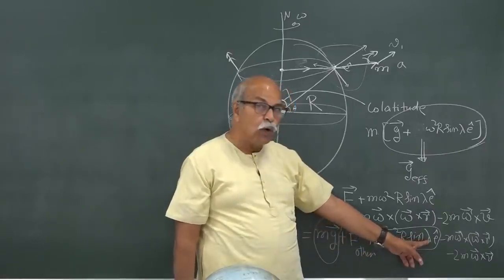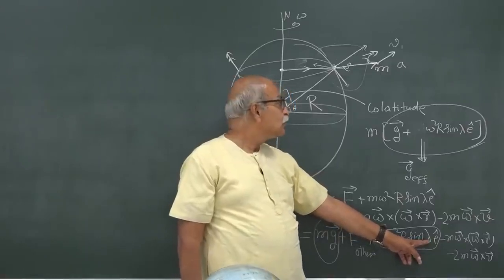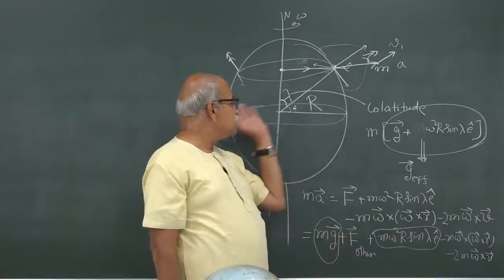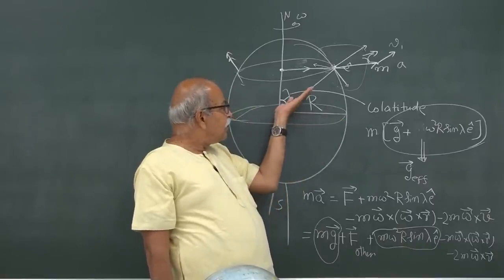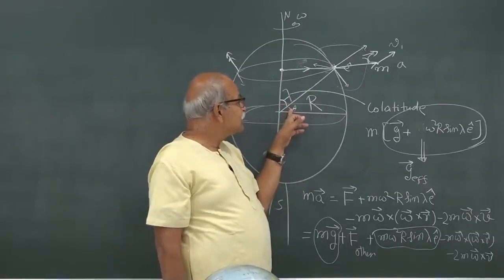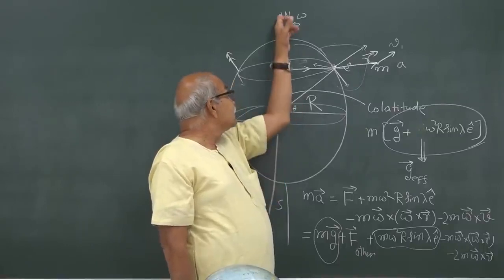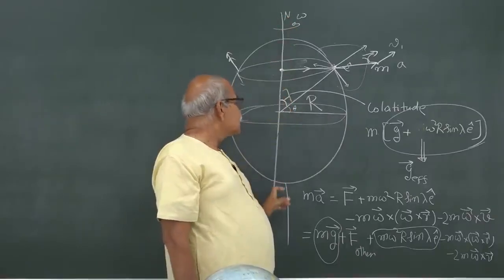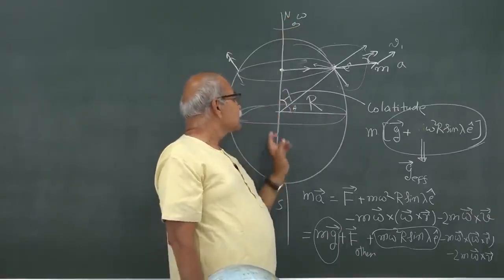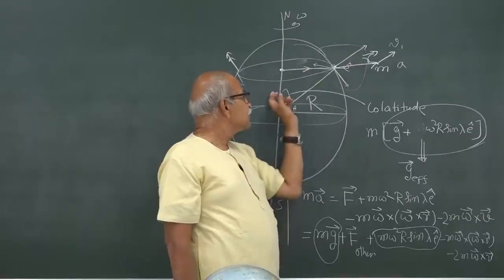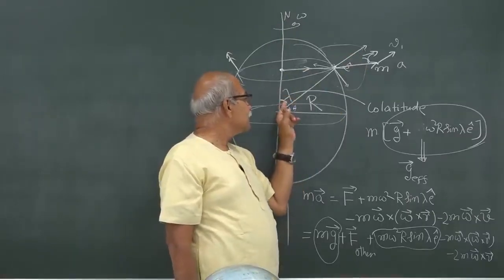Lambda is the co-latitude. So, from this equator, how much above we are, that angle is known as latitude, and 90 degrees minus that, that means the angle between this rotation axis and this vertical, is lambda, known as co-latitude.